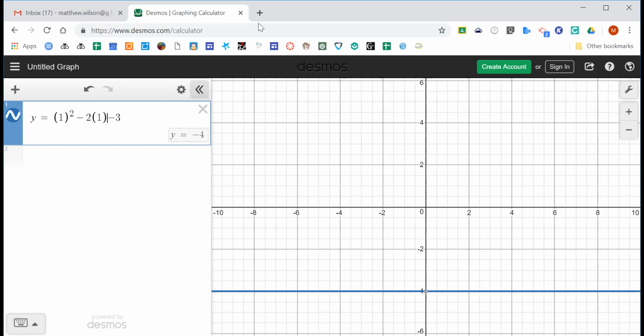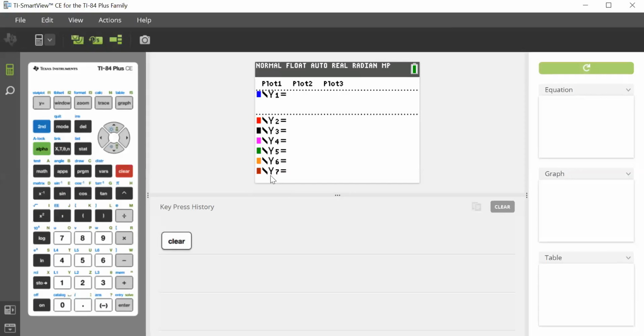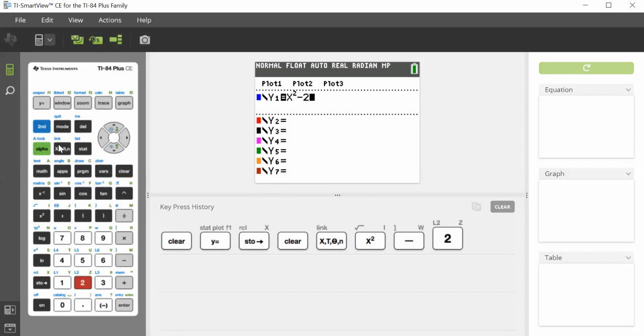Now you also have another. This is a TI-84 version. It's my computer calculator version of a Texas Instruments 84 Plus. So if I go to y equals up here, I'm just going to type in x squared, and then it was minus 2x minus 3.